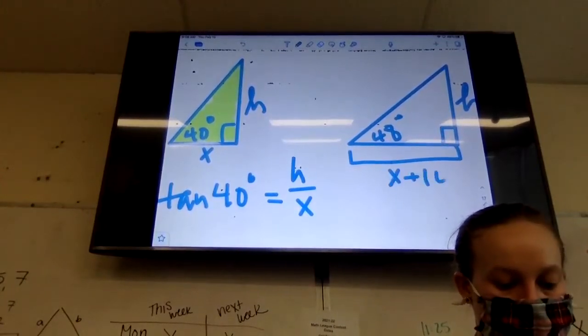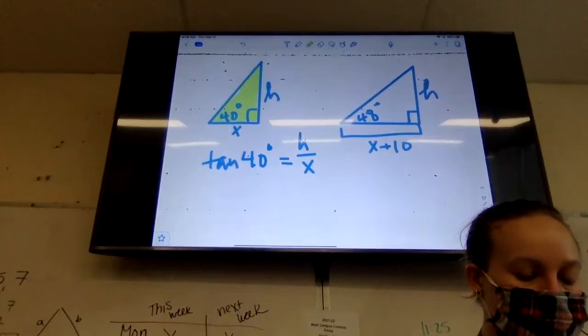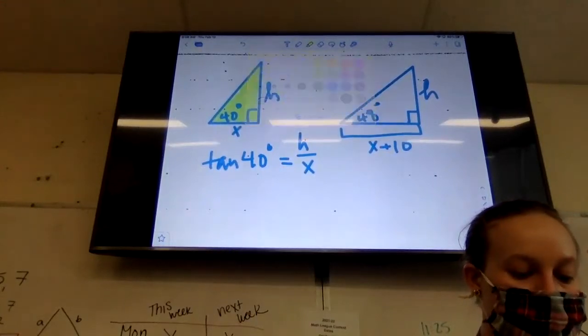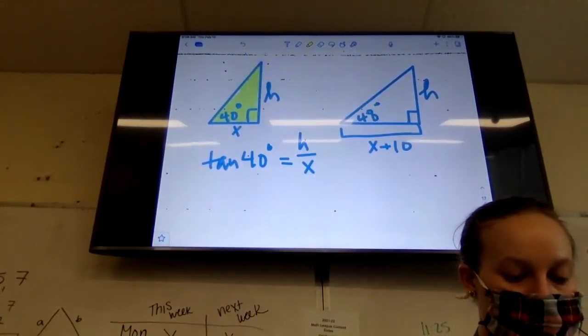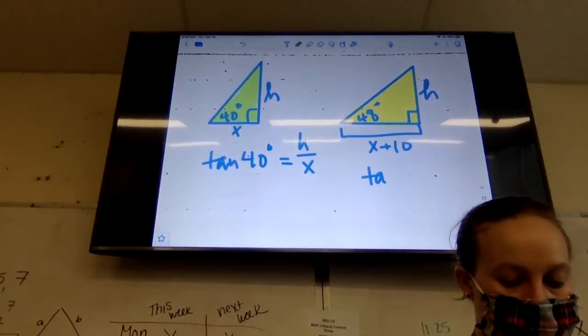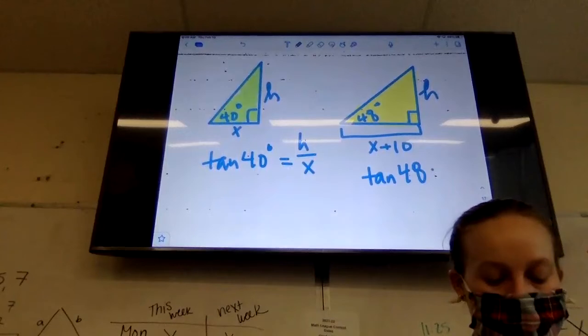And that's my yellow triangle. Same thing. I can't necessarily solve this yet, but can we write a tan equation with this? Sure. Tan of 48 equals what over what?